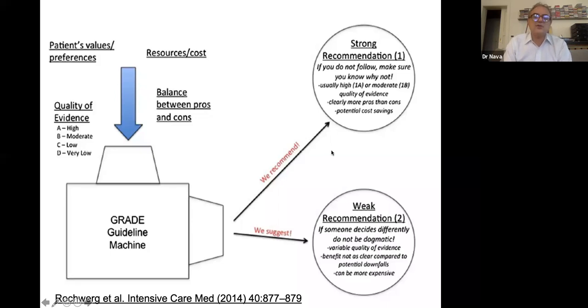But you need to explain why you did not follow a recommendation. A different meaning, less strong for sure, is the word we suggest. The recommendation is weaker. If someone decides differently, do not be dogmatic.